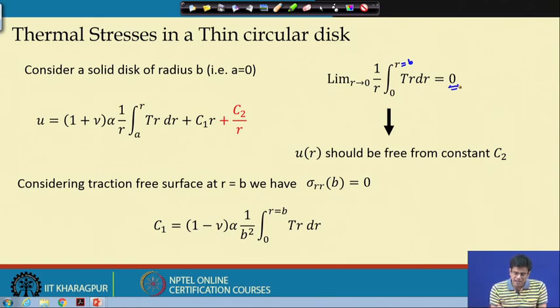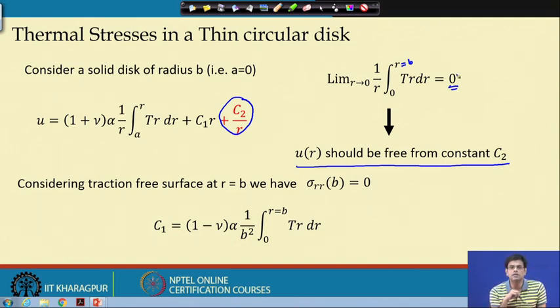So this implies that this cannot be in the displacement solution, or C2 can be 0. So u(r) should be free from this constant. This limit you can evaluate and see that it goes to 0.